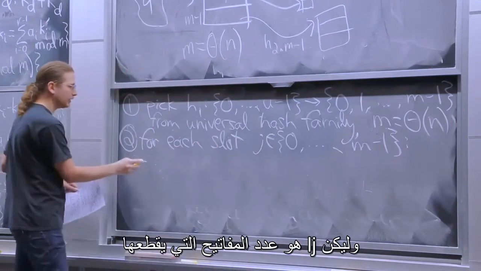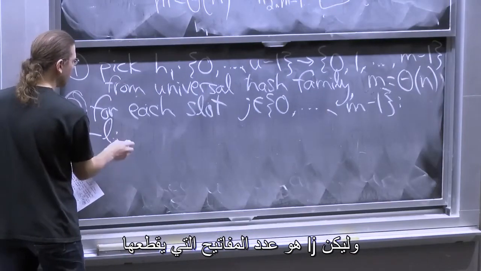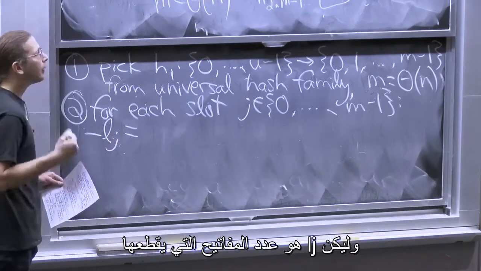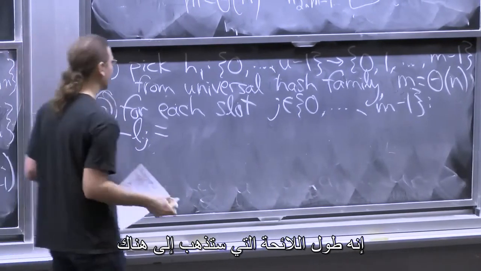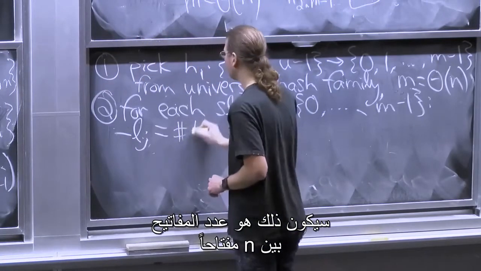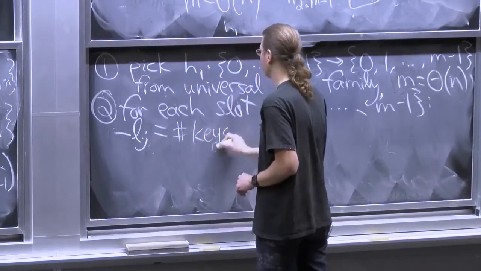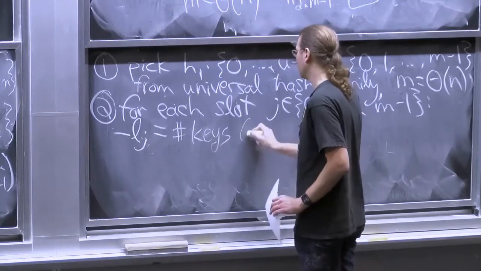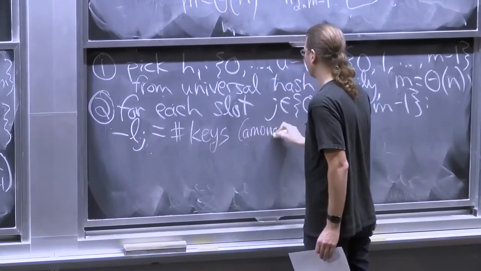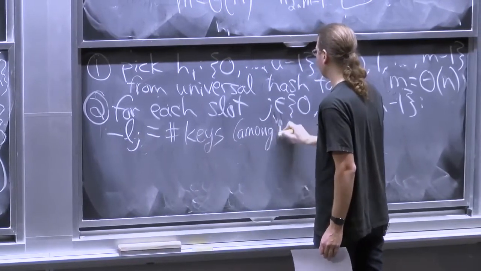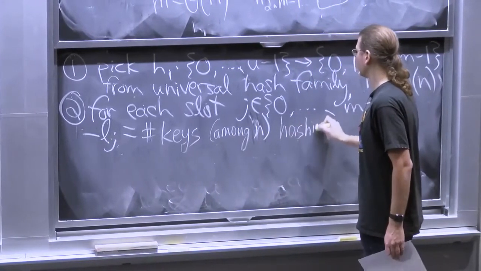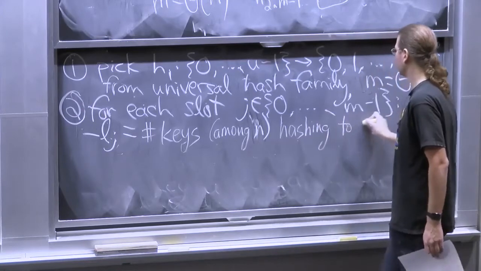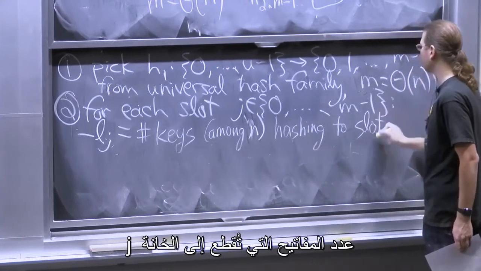I'm going to let Lj be the number of keys that hash to slot j. That's the length of the list that would go there. It's the number of keys among just the n keys hashing to slot j.